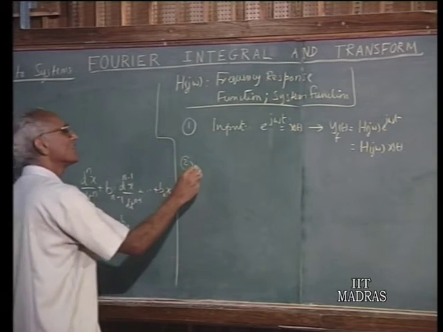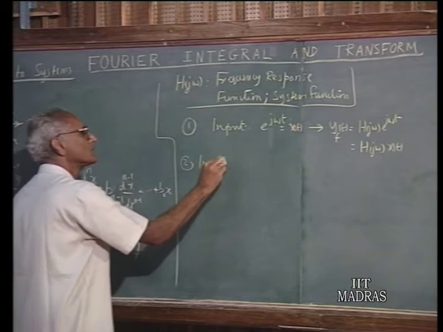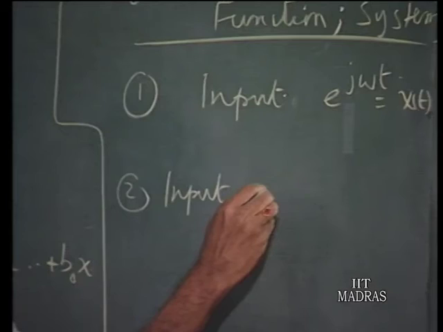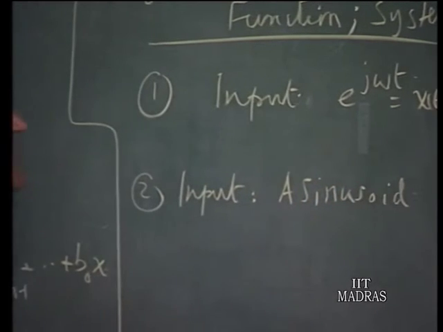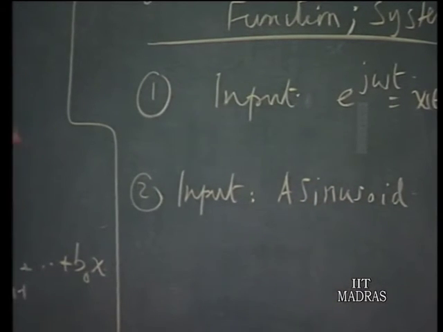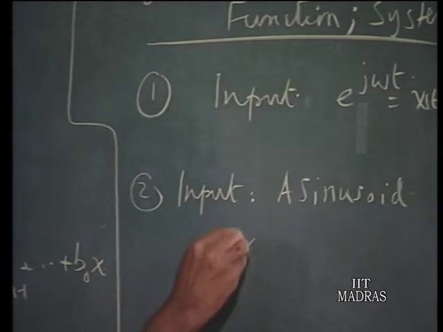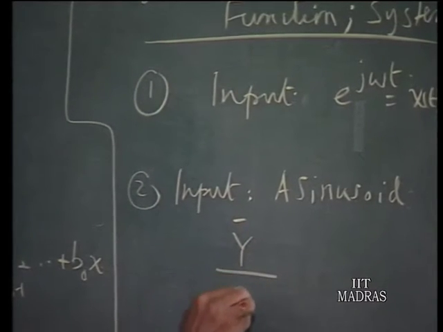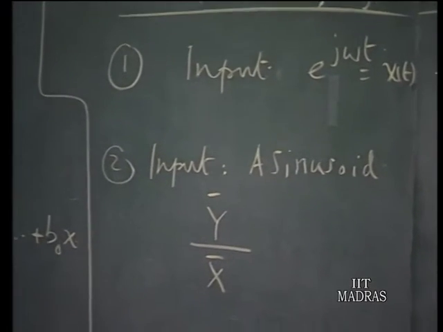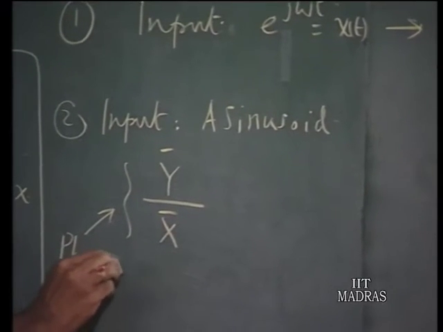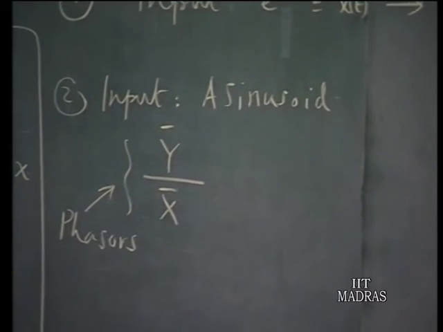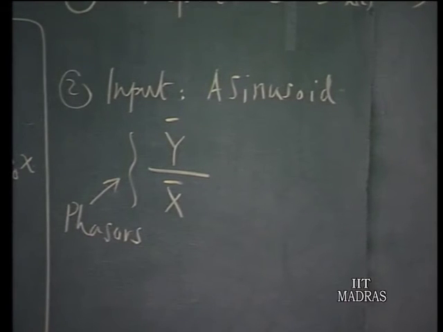A particular case, if the input is a sinusoid, then the output phasor and the input phasor, these are phasors, whether the voltages or currents as the case may be in the case of an electrical network, or in terms of general systems you can define the phasors in the same manner.